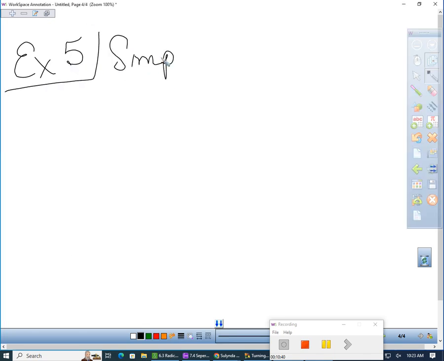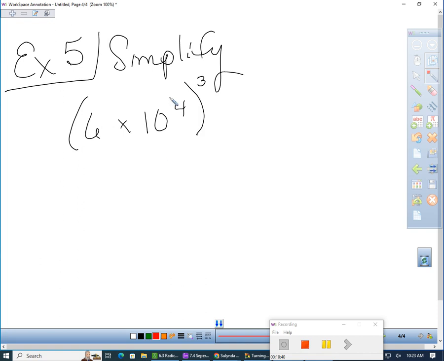Simplify. Let's say I have 6 times 10 to the 4th raised to the 3rd. All right, so just like we did before, this exponent on the outside has to go to the coefficient, and it has to go to 10 to the 4th.